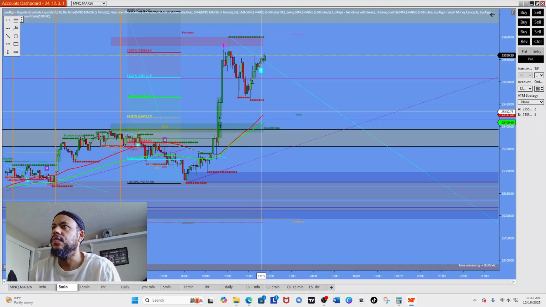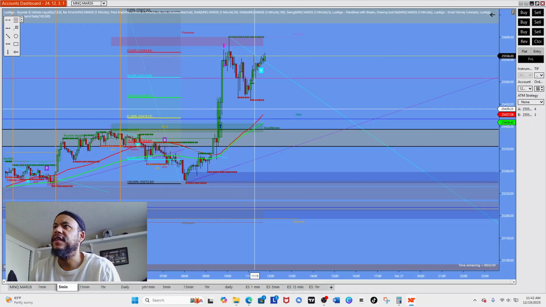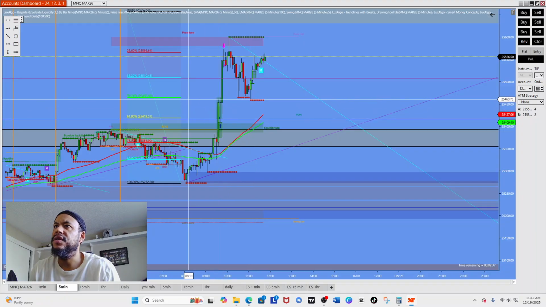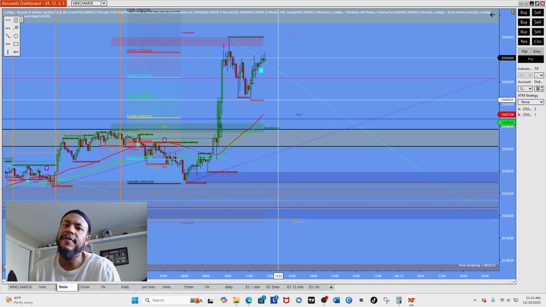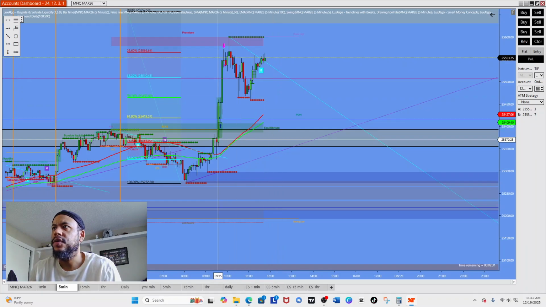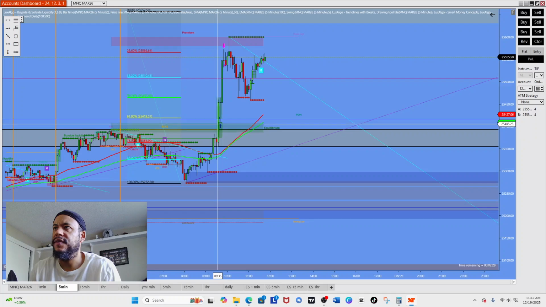What I do is I wait for the first pullback candle after structure was made. So this 5-minute candle gives us structure because it broke and closed above all these recent swing highs.